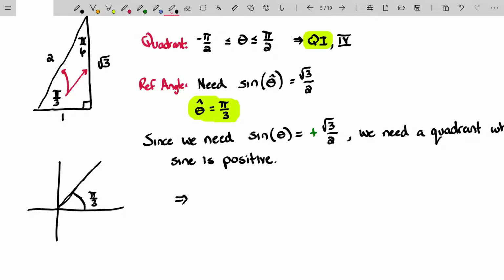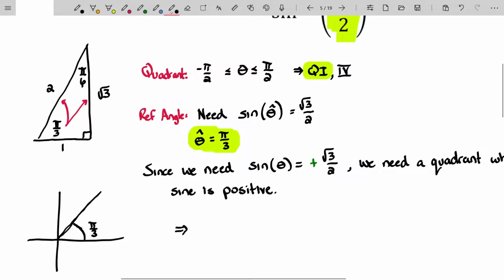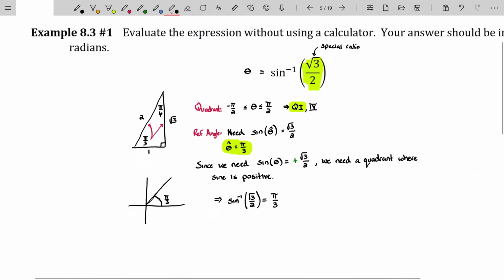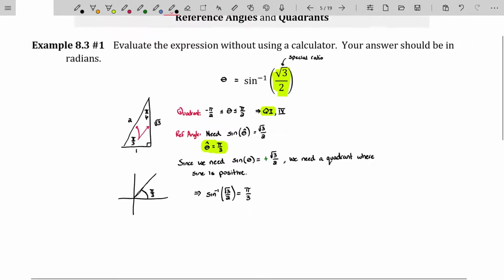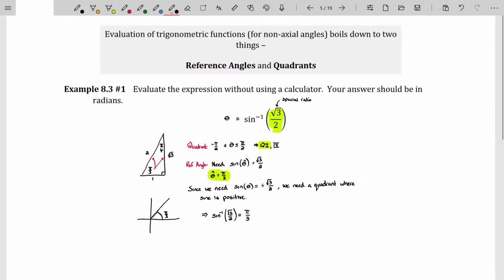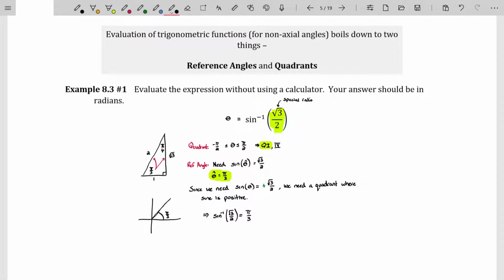That implies theta, which by the way is sine inverse of root 3 over 2, is going to be pi over 3. Now, as written, that seems like a long-winded way to do something that could have taken only a moment. But I'm trying to show you something that will work in all situations, not just one situation.